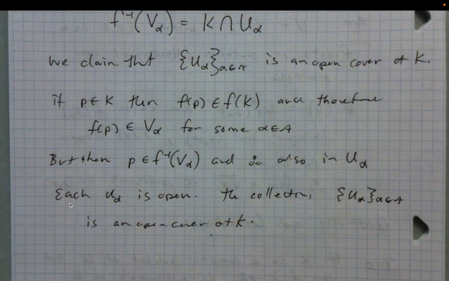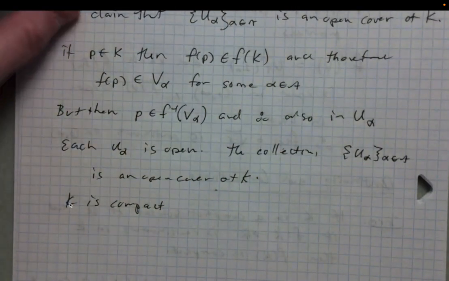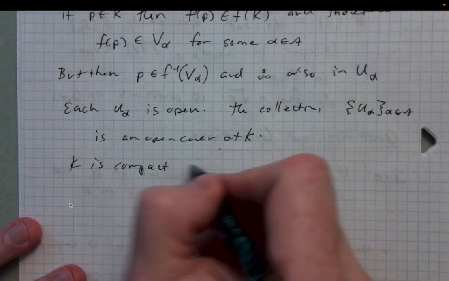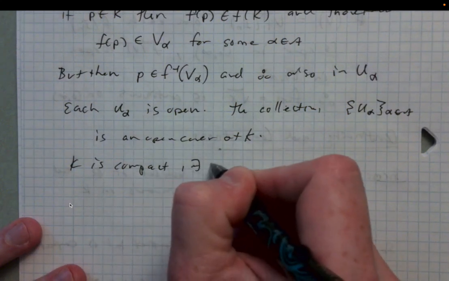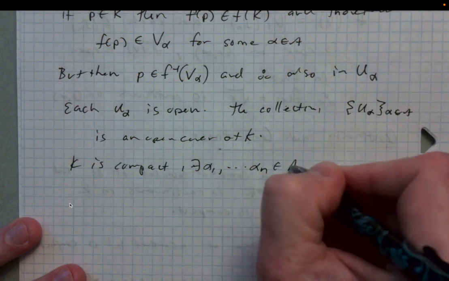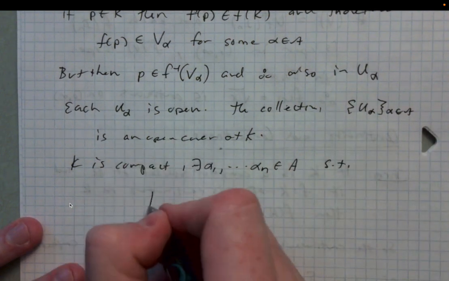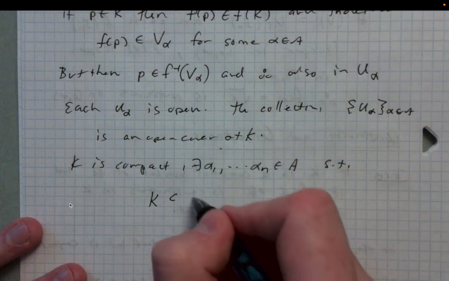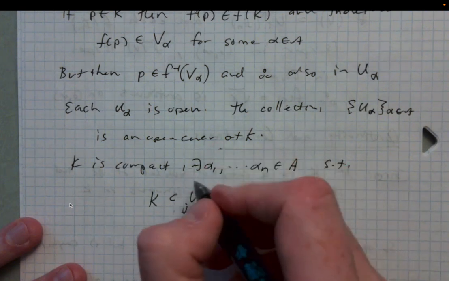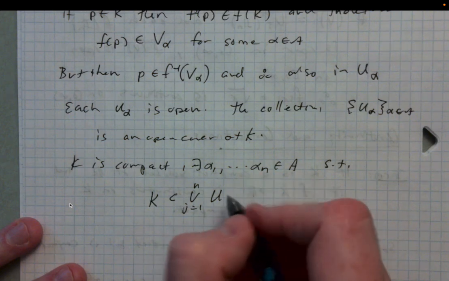Okay, now K we know is compact by assumption. So that being the case, there exist alpha 1, dot, dot, dot, alpha n in this index set A, such that K is a subset of the union of these U alpha sub j.